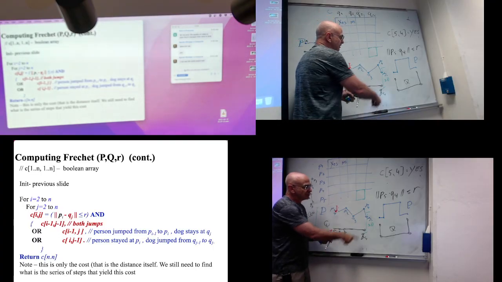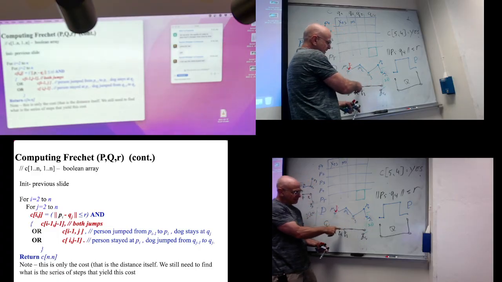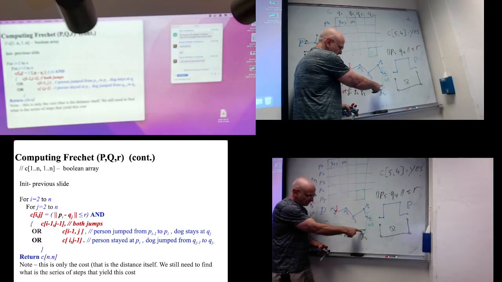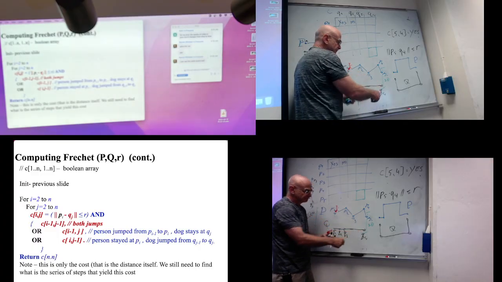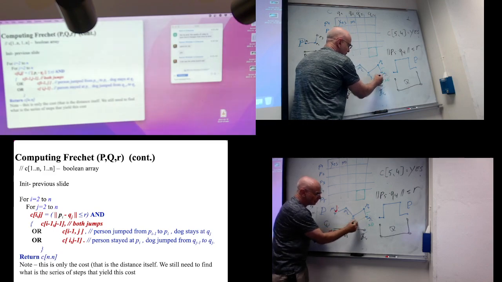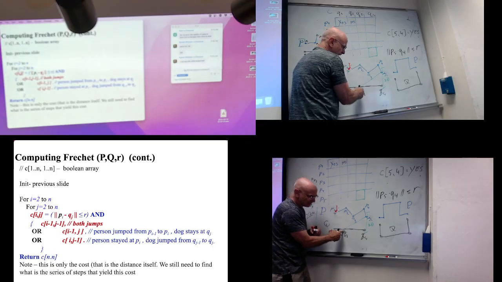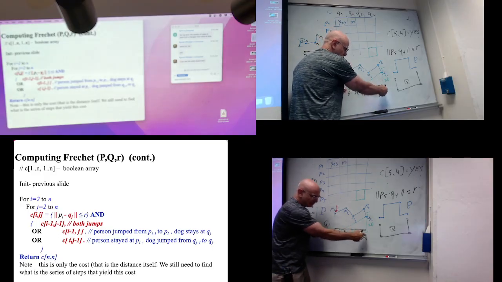Another option was the person was already at P5 and the dog jumps from Q3 to Q4. So that will be the case that the person was in the previous step at P5, the dog was at Q3, and then the dog jumps.